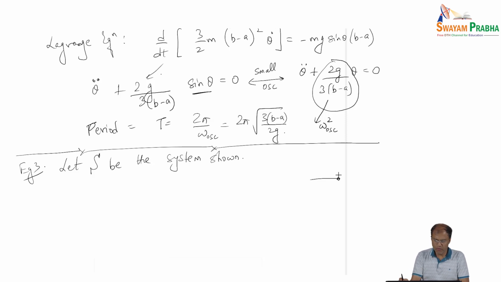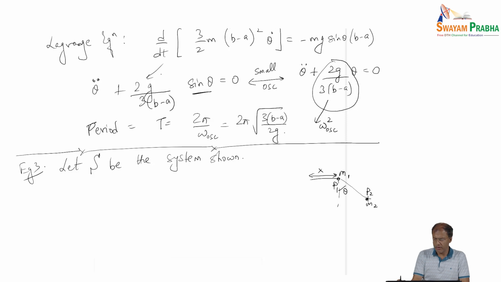We have a set of two particles. The first particle P1 is of mass M1 and it is moving horizontally along a horizontal rail, and to M1 we connect another particle of mass M2, which is P2, at angle theta.